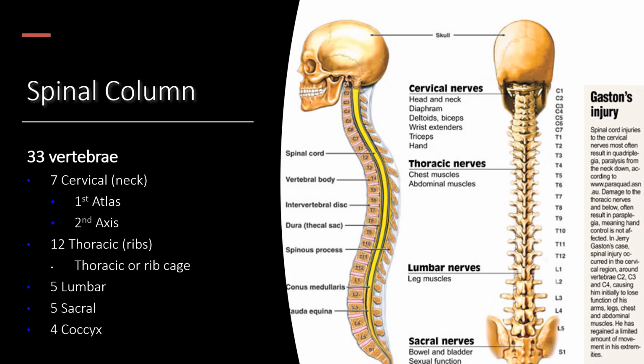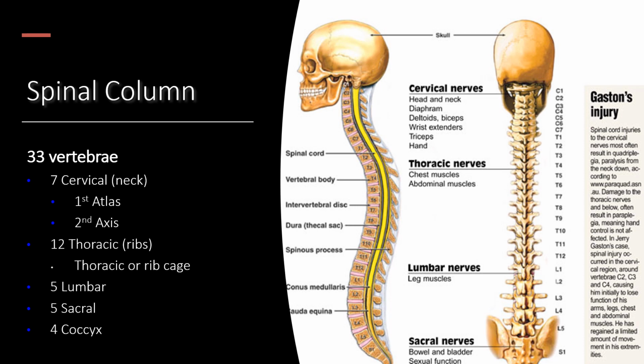The spinal column is what protects the spinal cord. And the nerves run through the spinal cord to the whole body, which sends messages to and from the brain. So the spinal column needs to protect with the 33 vertebrae that make up the spinal column, that protects the nerves that run through the spinal cord.